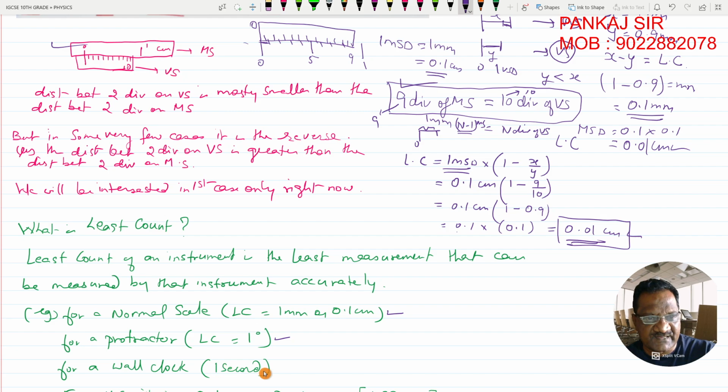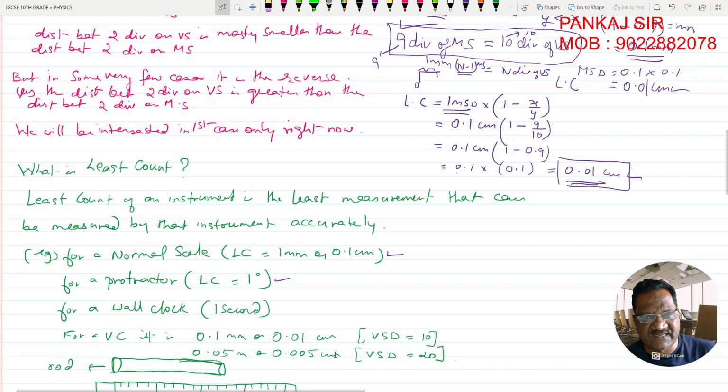And for a wall clock, if you happen to see a wall clock in your home or somewhere, the least measurement that you can accurately measure is 1 second, because the second hand moves, and when it moves, you can see that the least calibration is 1 second. So the least count of a wall clock is 1 second.